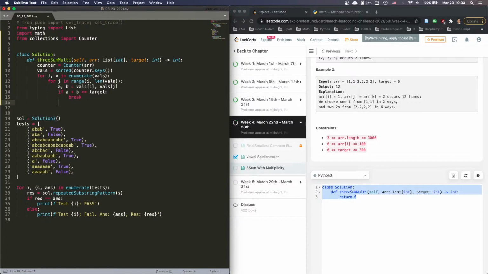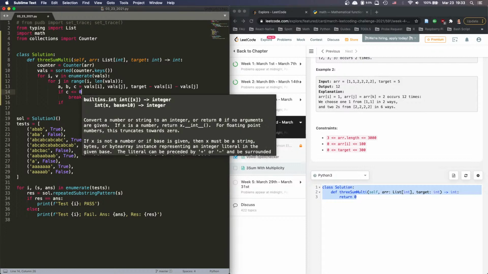Second check: we actually can have C as well. Let's put C here. So C is going to be target minus vowels i minus vowels j. If C is smaller or equal to 0, we're going to break.